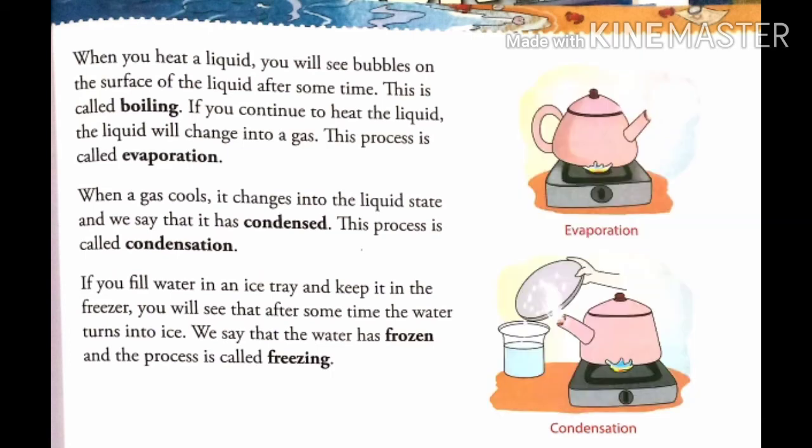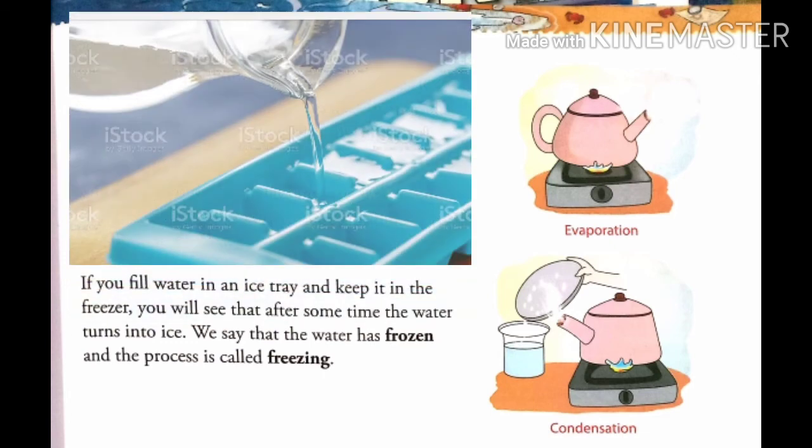Next comes freezing. Freezing is just the opposite of melting. In melting, when a solid substance is provided with heat, it changes its form into liquid, whereas in freezing, when a liquid is cooled, it changes its form into solid state. For example, you must have seen ice cubes.